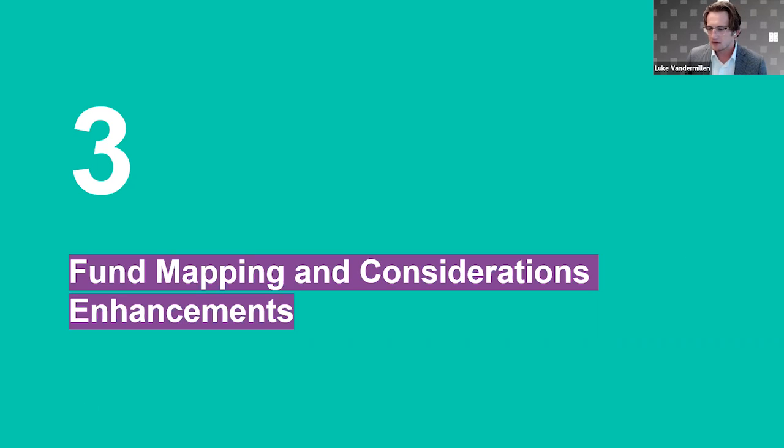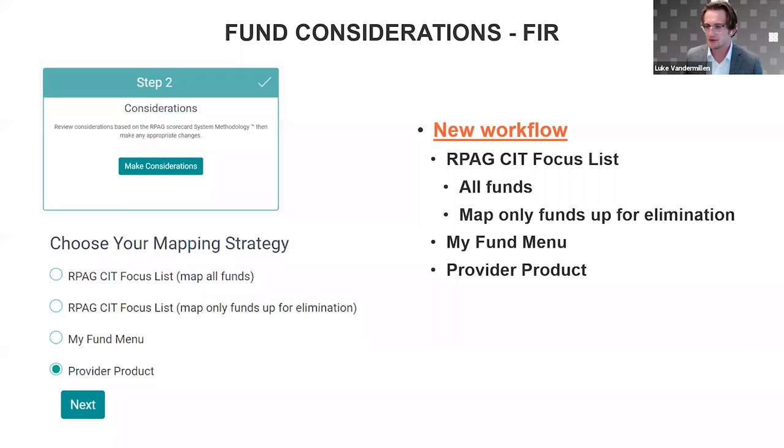So the first piece here, and this is going with the consideration section within RPAG, is you'll notice that if you create a fiduciary investment review within RPAG here, the step 2, the make consideration section, is going to look a little bit different now. Instead of the funds automatically populating for you right away, you're actually going to have the ability to choose a mapping strategy.